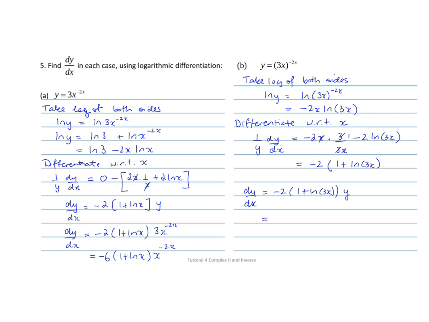And then we substitute our y back. 3x, and this time it's 3x to the power of minus 2x. So we're not bringing that 3 to the front. We have to leave it there.